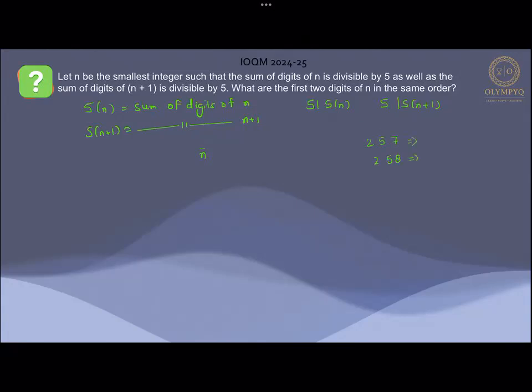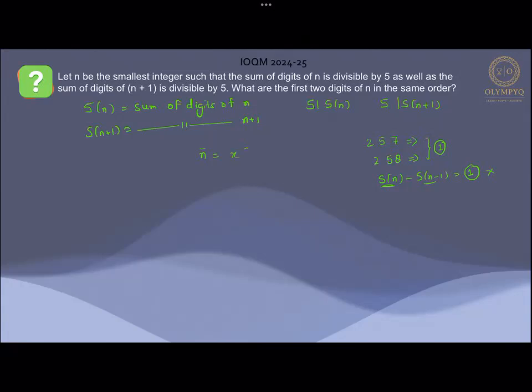The difference of the sums of digits of these two numbers comes out to be 1. Both S(n) and S(n+1) are multiples of 5, so the right hand side, that is 1, should also be a multiple of 5. This is a contradiction. So we can say that the number n is going to end with 9.